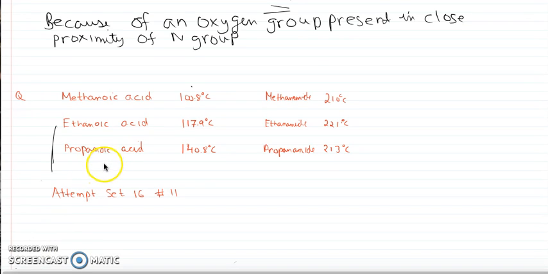Yeah, so the answer follows from what we just discussed, that the oxygen group, which is present in close proximity to the nitrogen group, supercharges the hydrogen bond, and as a result, the amide groups would have stronger boiling points compared to the acid groups.